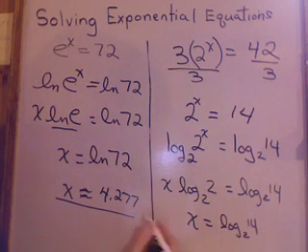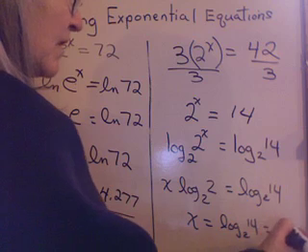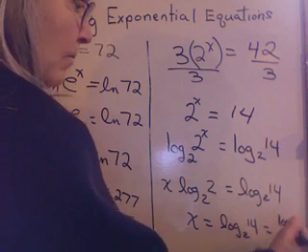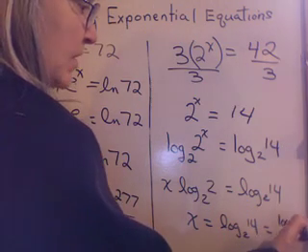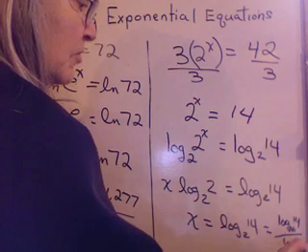Oh, I need to get the answer. I can't type that into my calculator. Do you remember the change of base formula? Of course you do. So this really equals log base 10 of 14 over log base 10 of 2.